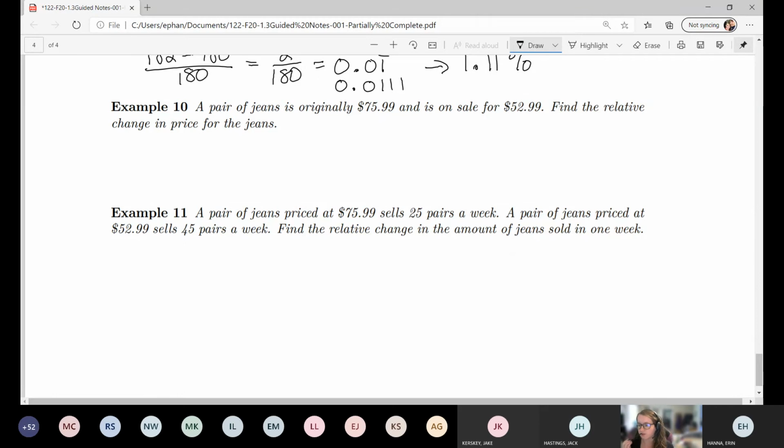At 1:55, we'll talk about them. One thing I'll say about example 11 is you're finding the relative change in the amount sold. The starting value is the 25, and then the other value. It's less clear in the wording there. But I'm going to sit here in awkward silence for 4 minutes while you try those 2, and then we'll go over them really quickly before the end of class.